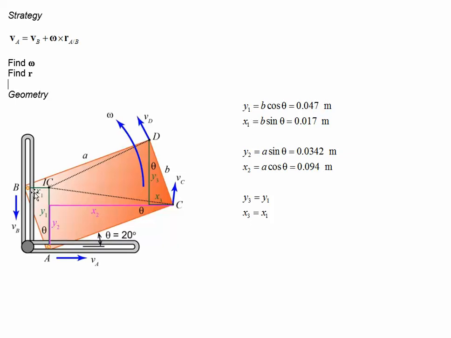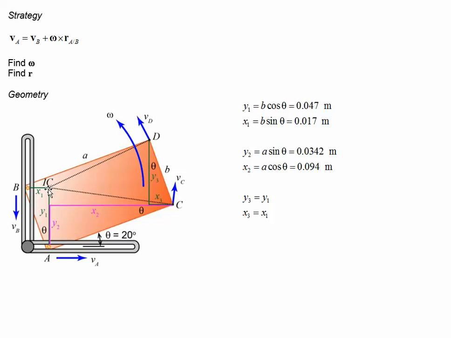And note that this left triangle that's shown in green is really the same size as the right triangle shown in green. Okay, so we have all the distances, which gives us information on the distance from the IC to point C and to point D. Another nice fact with the IC is that, remember how we located it, the line connecting the IC to the point is always perpendicular to the velocity.